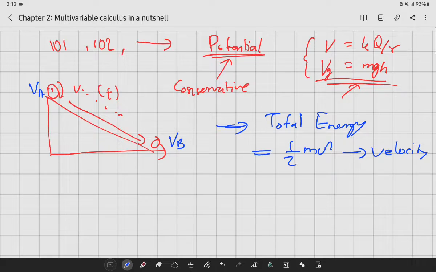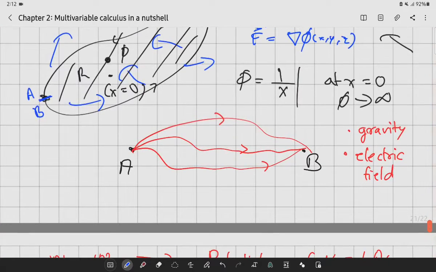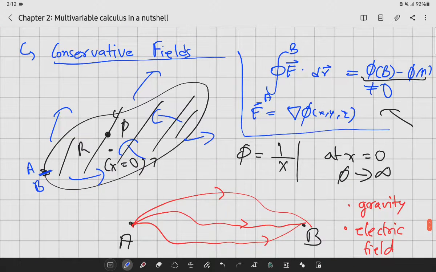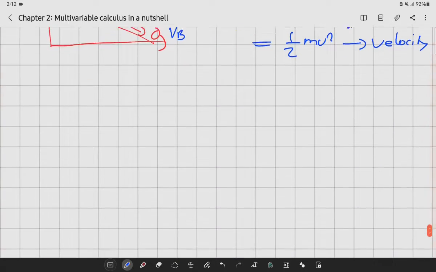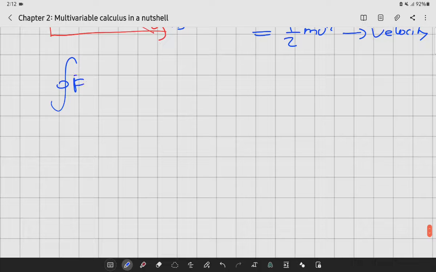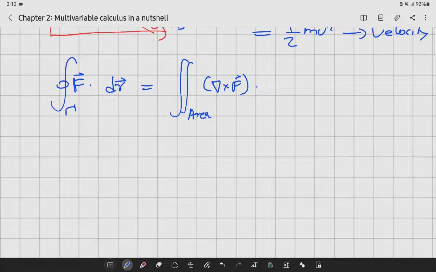So what I wanted to point out here is that this statement about conservative fields can be related to Stokes Theorem. And I'm going to show you how now. I'm just restating the Stokes Theorem here in the 3D version. If I have a closed path gamma, the value of this integral is simply the flux integral of the curl of f over the area enclosed.